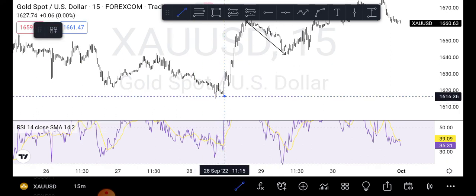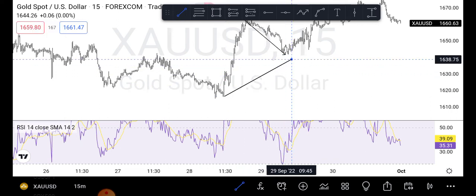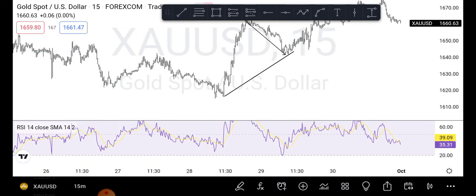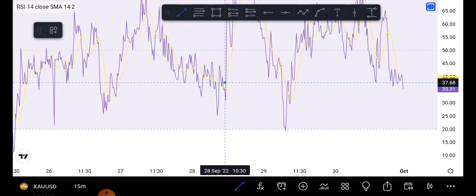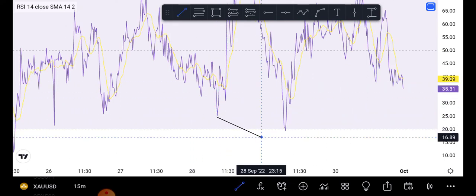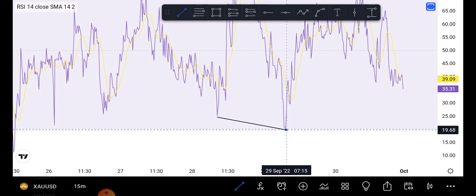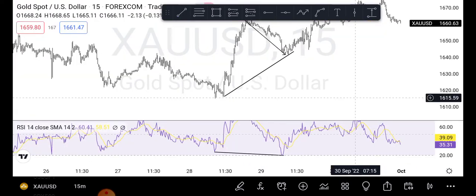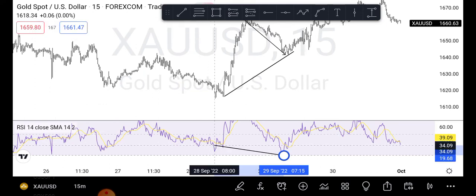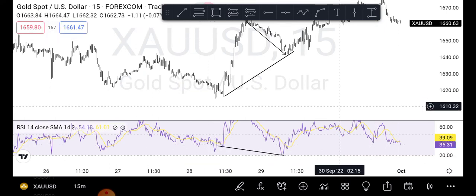From this place to this place, you see how price is going up. Good. But look at the RSI from this place to this place. It's supposed to be from here. Right. Okay.